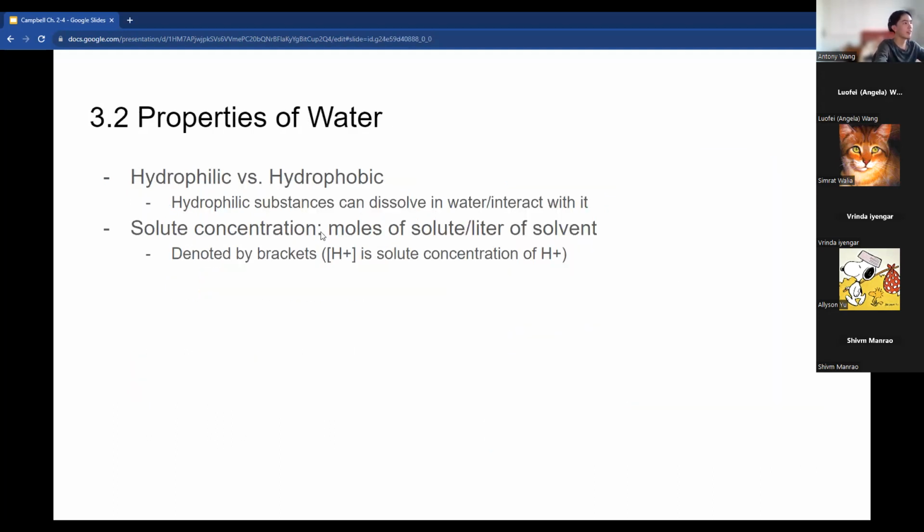Okay, make sure you guys note this down. Solute concentration. This is going to be important when we talk about acid-base things on the next slide. Solute concentration is depicted by moles of solute per liter. We all know what moles are, right? What's a mole? Not the animal, as in chemistry.